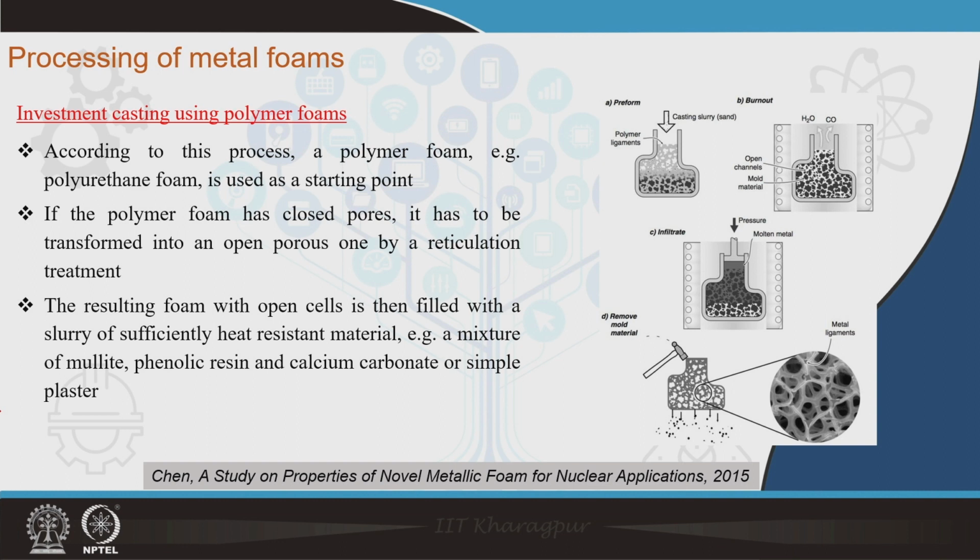The ceramic slurry can be anything, like even simple plaster of Paris or plaster can be used as the impregnating material. Initially a slurry is made, that means this plaster or mullite or any other resin or calcium carbonate etc. can be made into a slurry, and then this polymer foam is dipped in the slurry and pressed, so that the polymer foam absorbs the ceramic slurry, and then this ceramic slurry is allowed to cure.